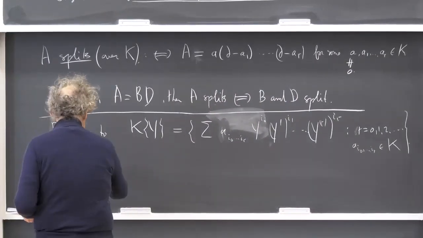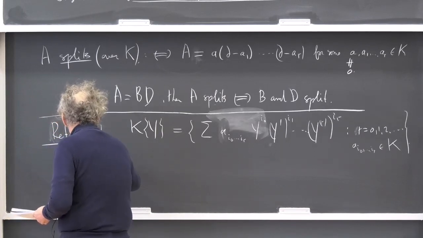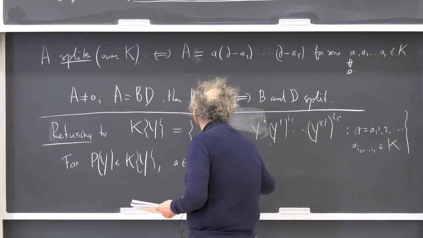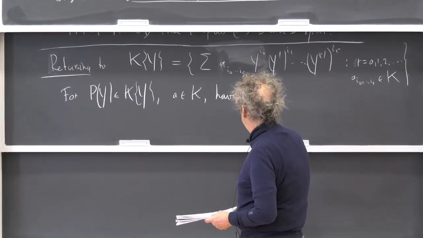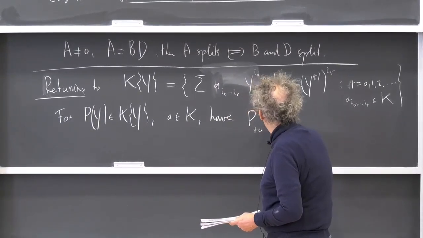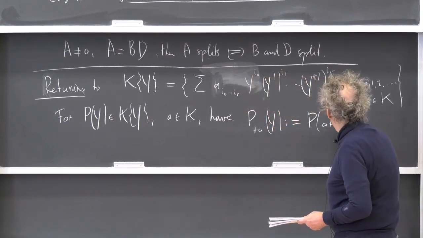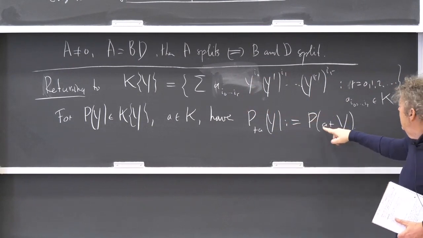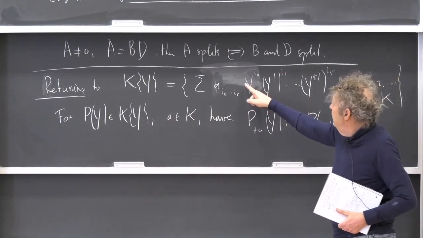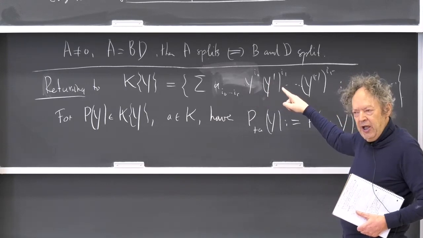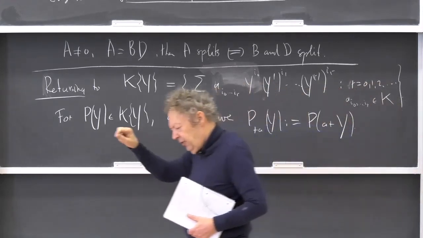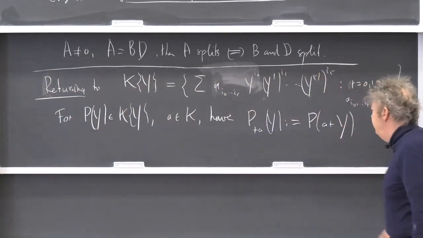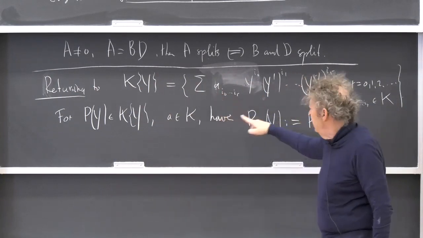For P in K{Y} and A in K, we define P plus A, Y to be P of A plus Y. So you just plug in A plus Y for your indeterminate Y. That means Y becomes A plus Y, Y prime becomes A prime plus Y prime, and the R-th derivative of Y becomes the R-th derivative of A plus the R-th derivative of Y. And then you have to raise these things also to the corresponding powers. Of course, these coefficients don't change.